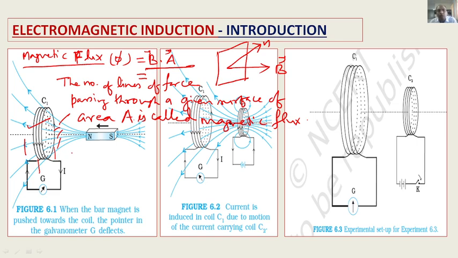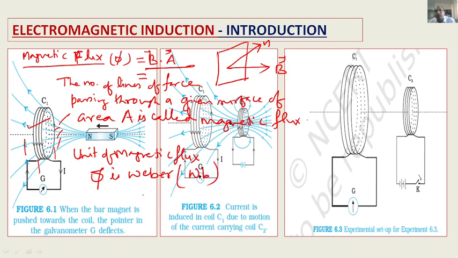Understood? And the unit of magnetic flux, phi, is Weber, denoted by Wb. 1 Weber is equal to 1 Tesla meter square.